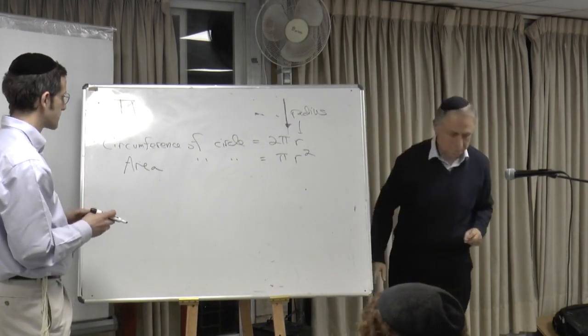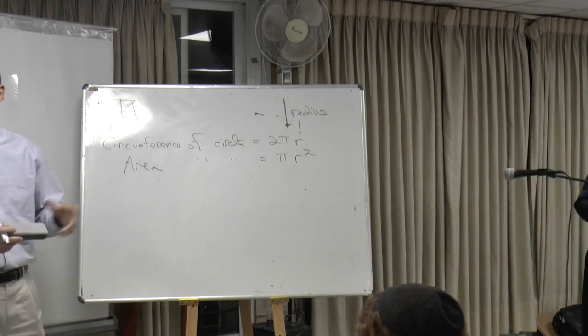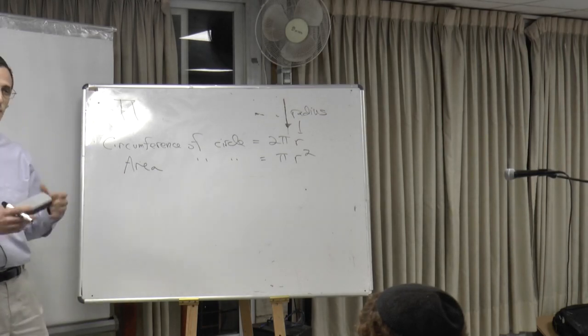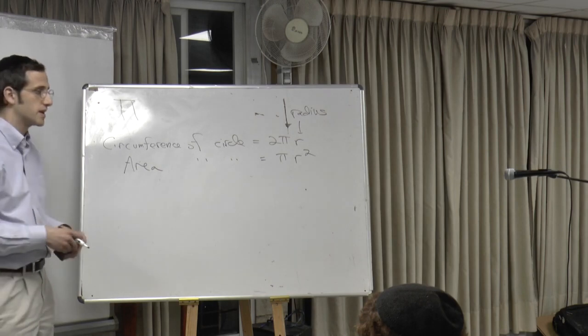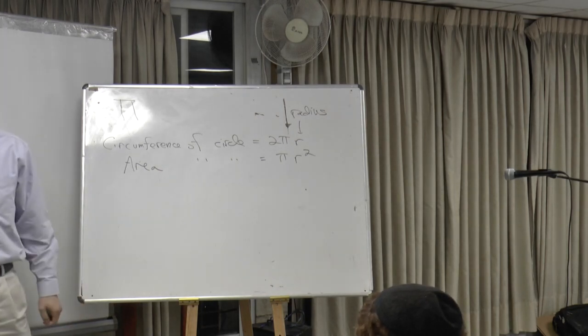I said we're going to talk about ubiquitous pi, because there are a lot of places where pi shows up in math and physics, and I'll just mention some of them.